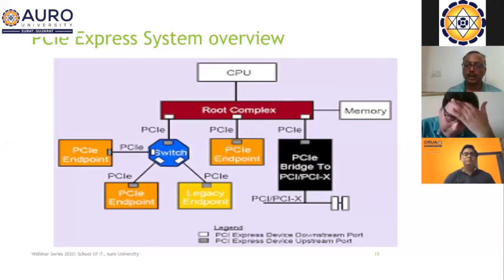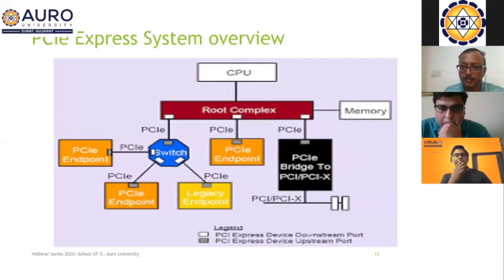Two incompatible devices which are talking on different protocols need a bridge in between them. So it connects two devices whose communication protocol is different. There you require a bridge.